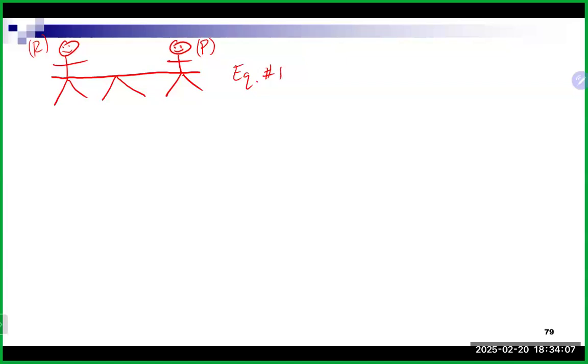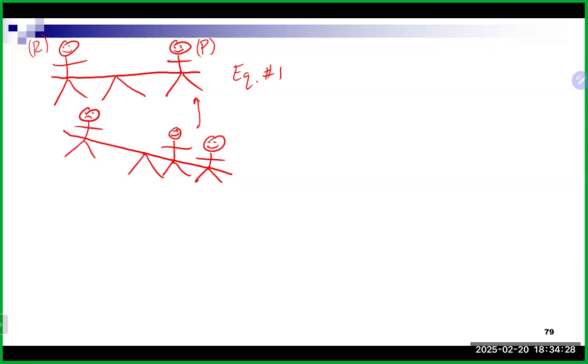And let's just say, for example, somebody else hops on to my little seesaw here. If somebody hopped on the right-hand side, we would end up with something like this. And in this particular case, obviously, we screwed up the equilibrium, right? Now, to fix this situation, I need more people on the left or the right-hand side here.